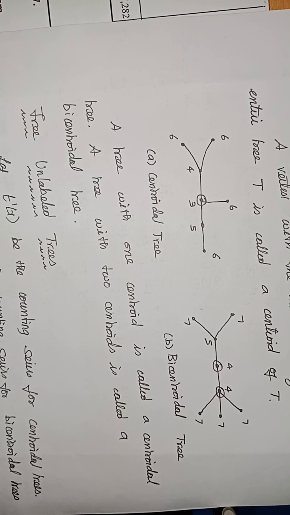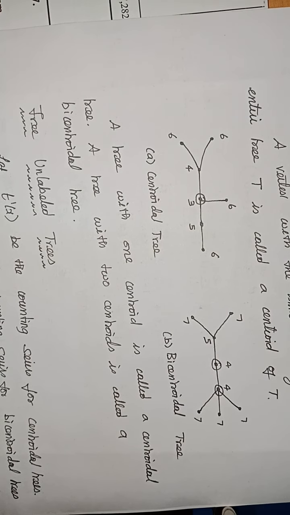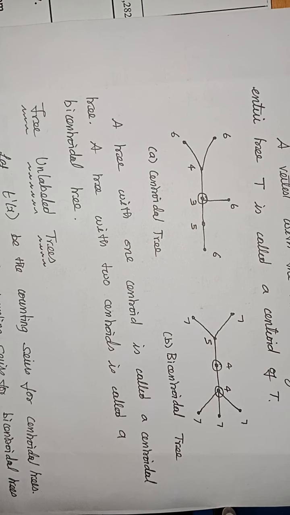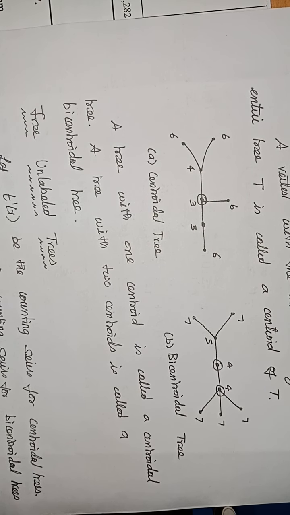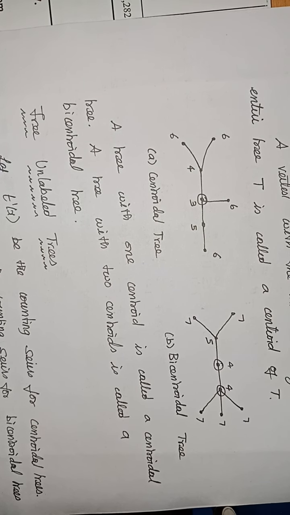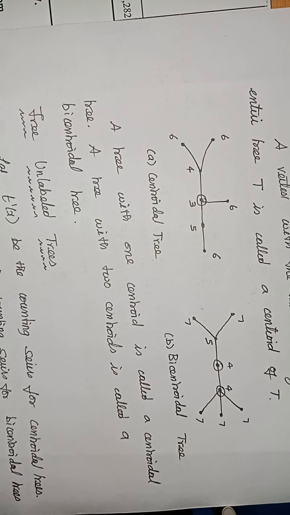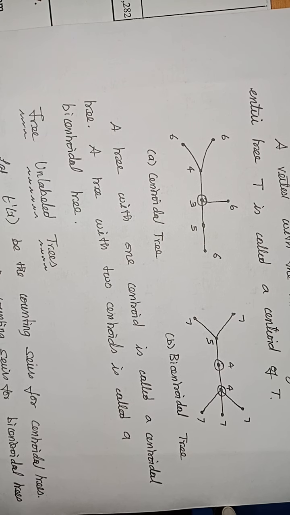So what I am going to do is count the number of trees that can be formed using n vertices. You will be given n vertices. You have to count the number of trees that can be formed. That n may be odd or even. Whenever it is odd, that n vertices graph may be bicentroidal, or it may be just a centroidal tree.